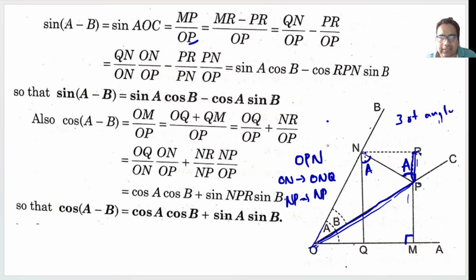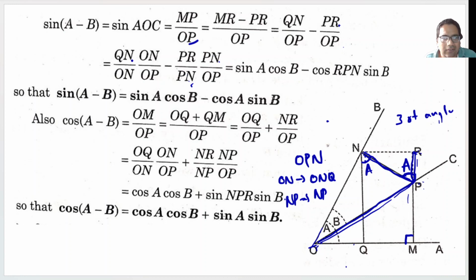And what is the side that is common between these two? That is this NP. So let us do the same thing. This PR by OP, let us put divided by NP and multiply with NP: PR by PN into PN by OP. We are rewriting PR by OP in this form.